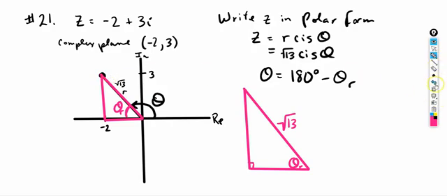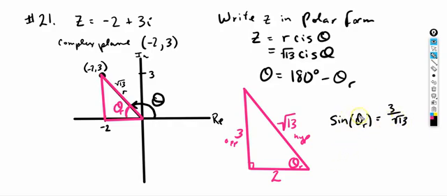Now this point here is -2 comma 3. So this side has height 3, and this side has length 2. Okay, so if I label this, I can see that the sine of my reference angle is going to be opposite over hypotenuse.